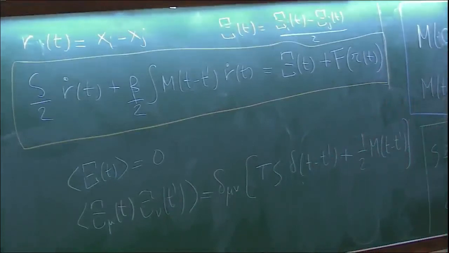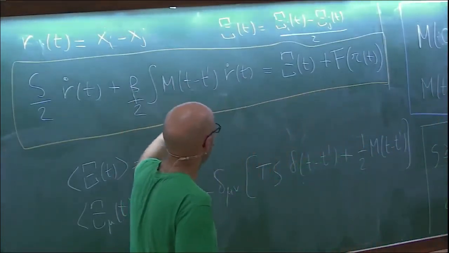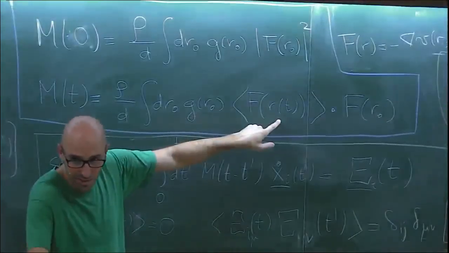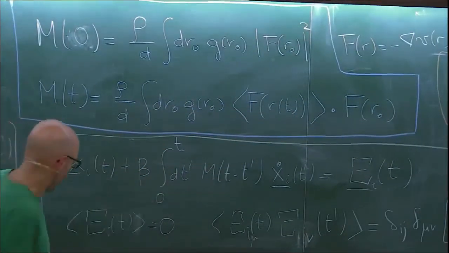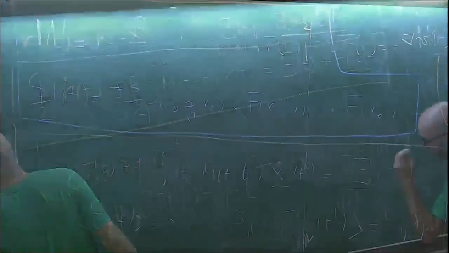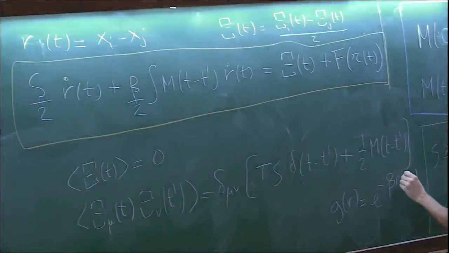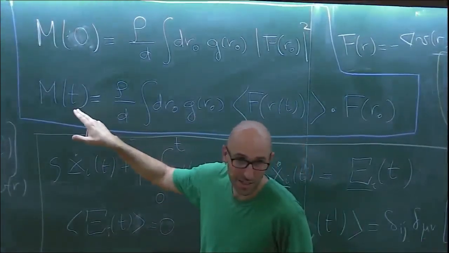I take an r0, I solve this dynamics for given r0 many times, and I compute the average of f of r at time t. And then I integrate over r0 with g of r0. And by the way, g of r0, which I forgot, because we are in infinite dimensions, is just e to the minus beta V. So this is closed. I get a new M, and then I redo it many times until convergence.